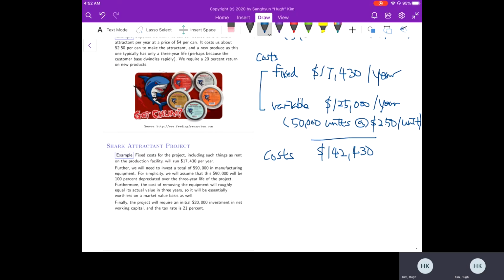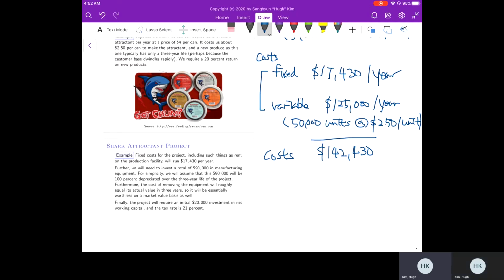Further, we'll need to invest a total of $90,000 in manufacturing equipment. For simplicity, we will assume that this $90,000 will be 100% depreciated over the next 3-year life of the project.